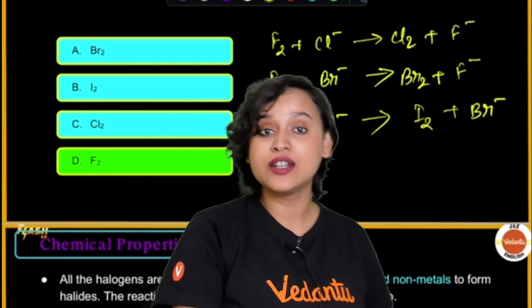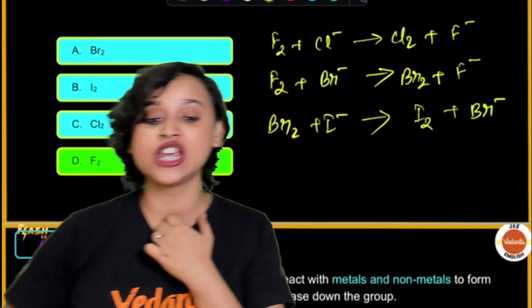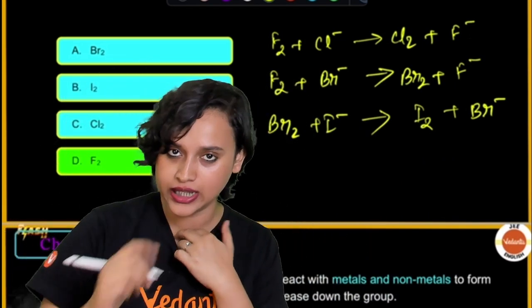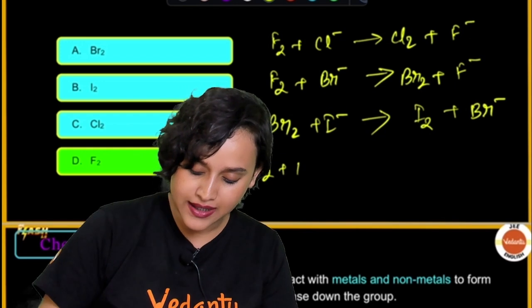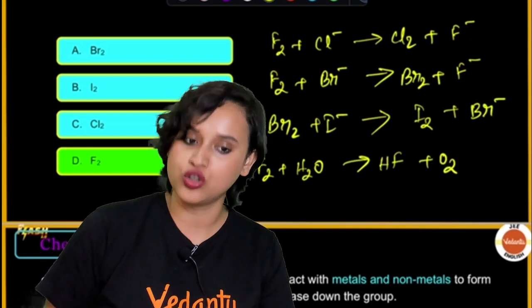These group elements do react with water, and they form HF plus O2. For example, if fluorine reacts with water, F2 plus H2O will give you HF plus O2.